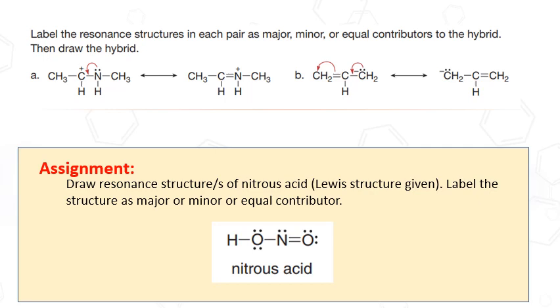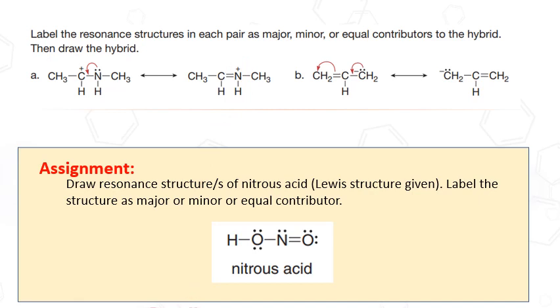Okay, let's take for example this one. We try to decide which will be the major contributor. For this one, you have 1, 2, 3, 4, 5, and you have a positive charge around carbon. The resonance form given has 4 single bonds and 1 double bond and also a single positive charge.